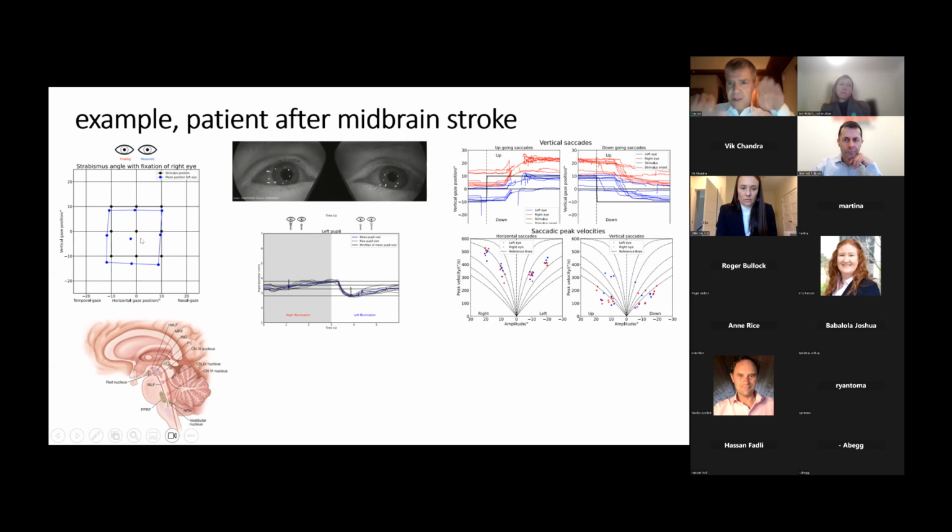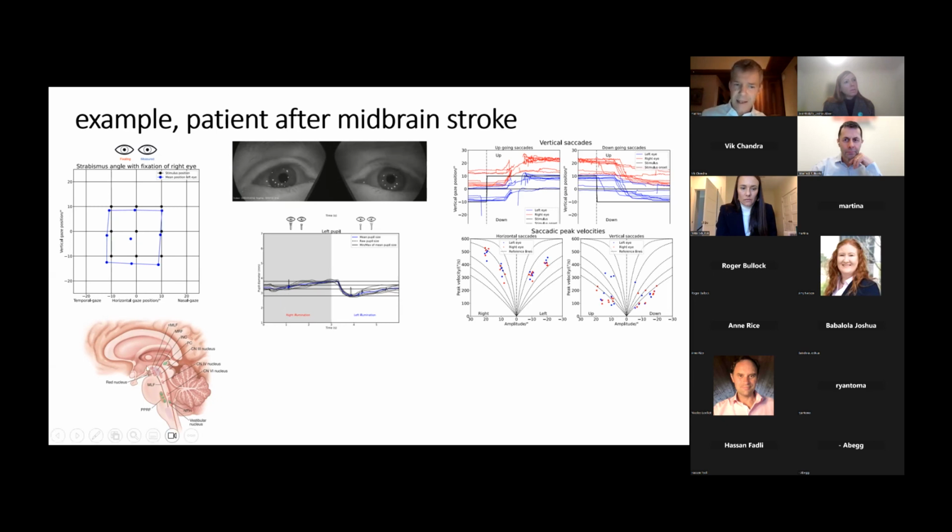He has a deviation of the eyes. That's called a skew deviation. That's a problem of the region in the brain that integrates vestibular information of your balance system and transmits it to the eyes. And if this region, it's called the INC, is broken, there is a little strabismus, a deviation of the eyes.